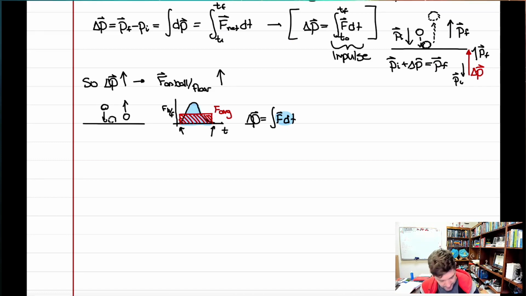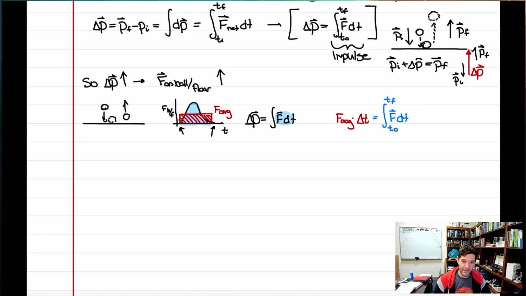And so a rectangle is very easy to write down what that area is. It's just F average times delta T of how long it was actually in contact with the floor. And then sticking with blue, that then is equal to the integral, because I want it to be the same area under the curve, of whatever that is.